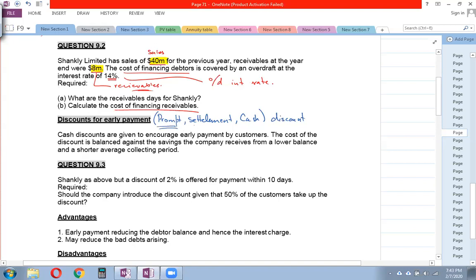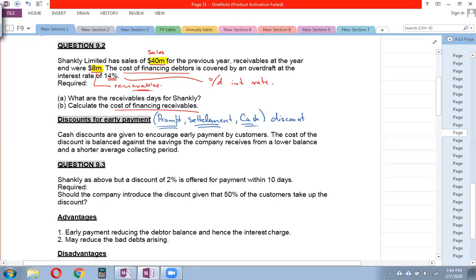That all means early payment discount. Please don't mix it with bulk purchase discount. It has nothing to do with early payment. Bulk purchase discount you get when you buy in bulk, not when you pay on time or early. The trade discount is also different. The cash discount is the discount that you get because of paying early.